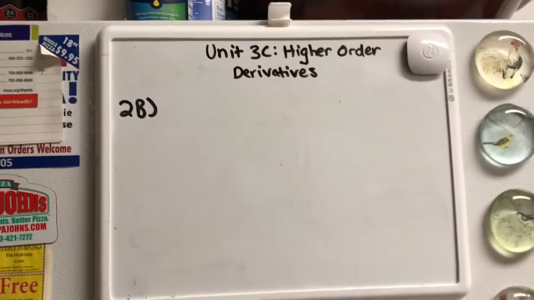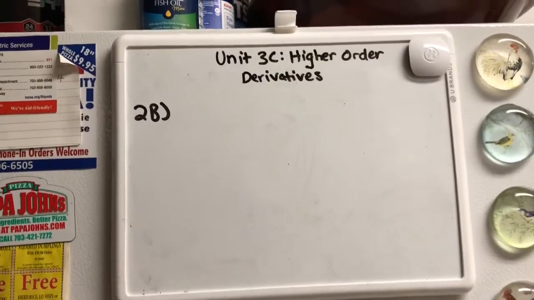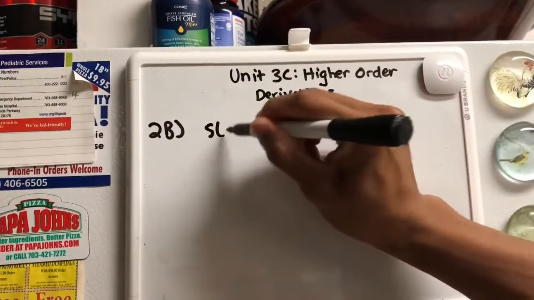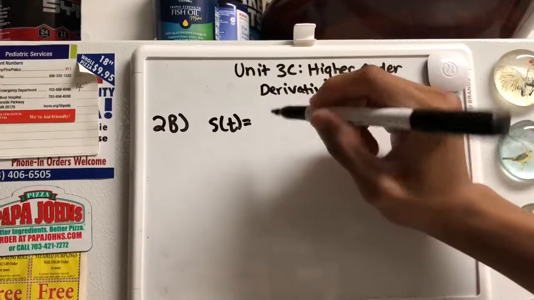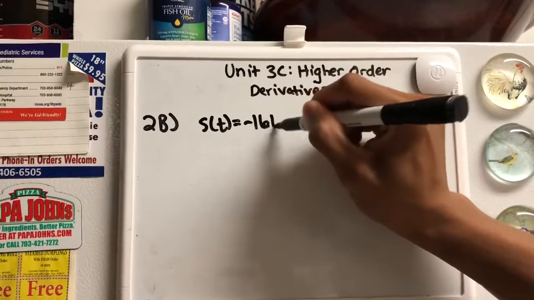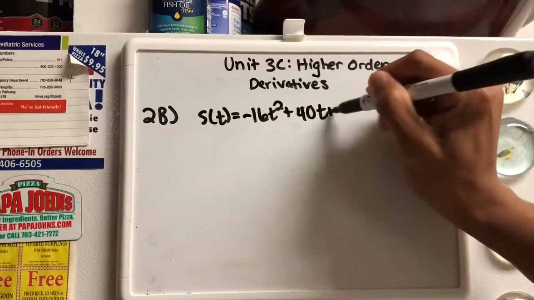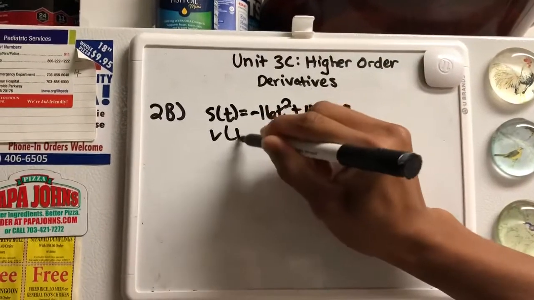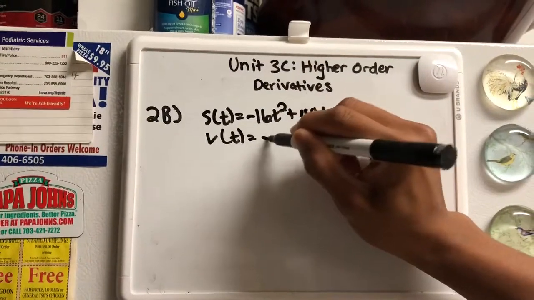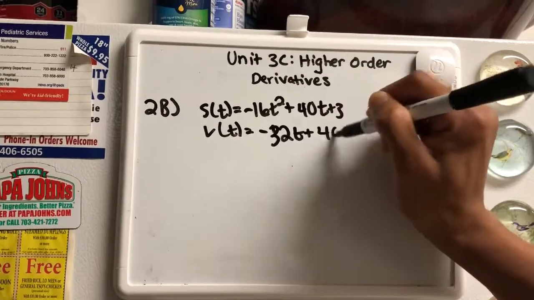For question 2b, we're going to be plugging into the position and the velocity function. So we're going to be plugging into s of t, which is negative 16t squared plus 40t plus 3, and the velocity, which is negative 32t plus 40.